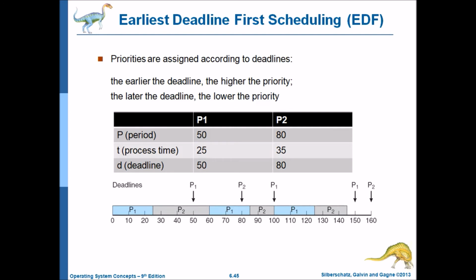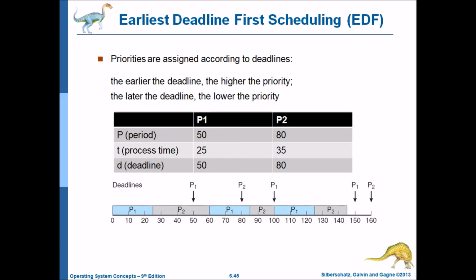However, whereas rate monotonic scheduling allows P1 to preempt P2 at the beginning of its next period at time 50, EDF scheduling allows process P2 to continue running. P2 now has higher priority than P1 because its next deadline, at time 80, is earlier than P1's at time 100. Thus both P1 and P2 meet their first deadlines.